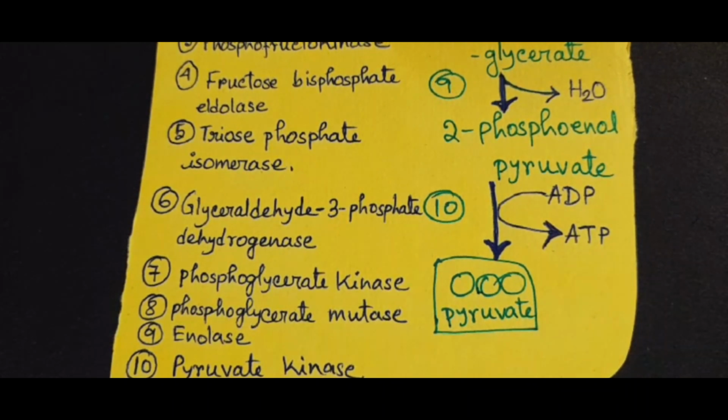Phosphofructokinase speeds up or slows down glycolysis in response to the energy needs of the cell.